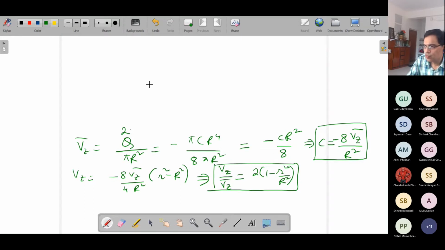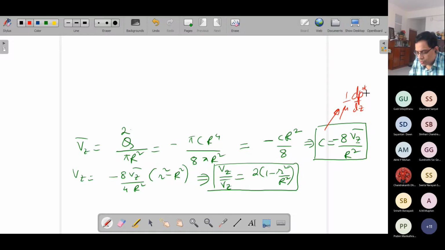So to understand that, we have to recognize what C was. C is 1 by mu dP dz. Here P can also be P star; it could include everything, pressure head and gravity head.